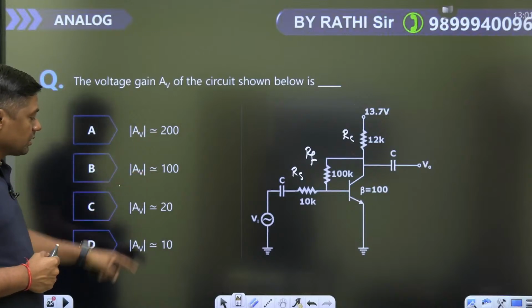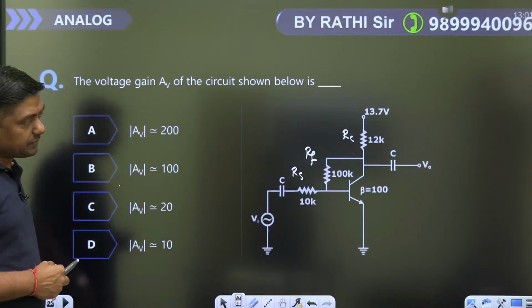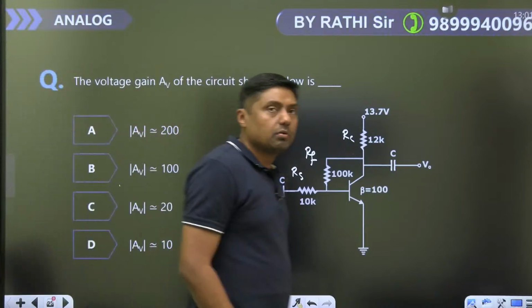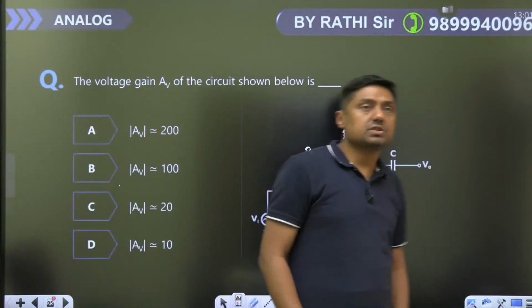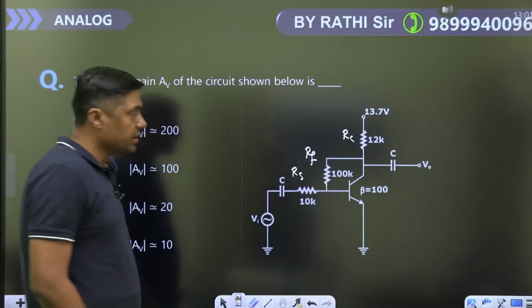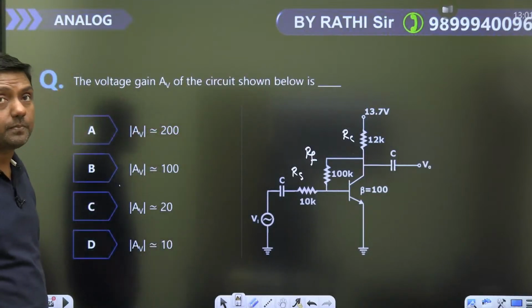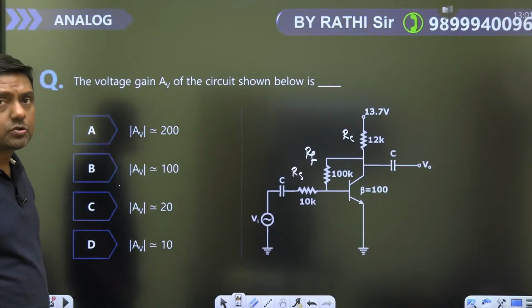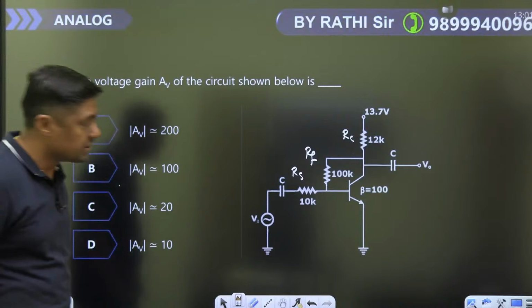Approximated gain. If the voltage gain is required for this particular circuit, I am giving you the shortcut. Otherwise you have to apply Miller's theorem. In the electrical branch, if this question is given, then directly you can solve, guys.